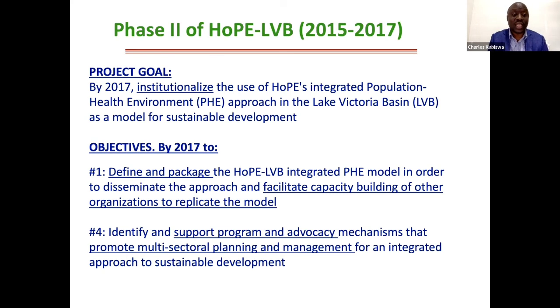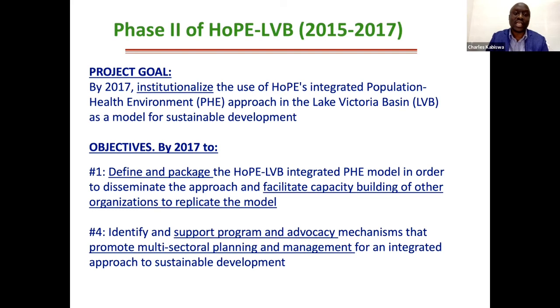Here now, objective number one was to define and package the model in order to disseminate the approach, but also facilitate capacity building of other organizations who want to replicate the model. But look also at number four, which says: identify and support program and advocacy mechanisms which promote multi-sector planning and management for the integrated model for sustainable development.